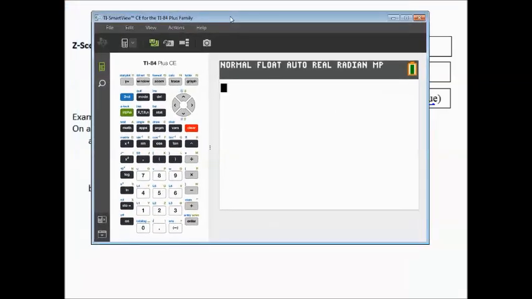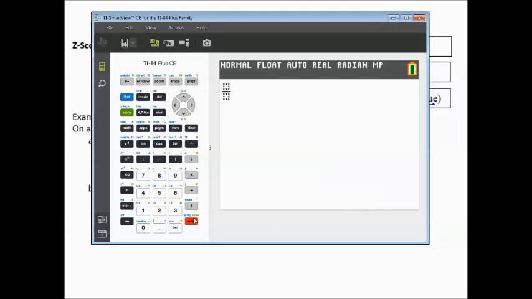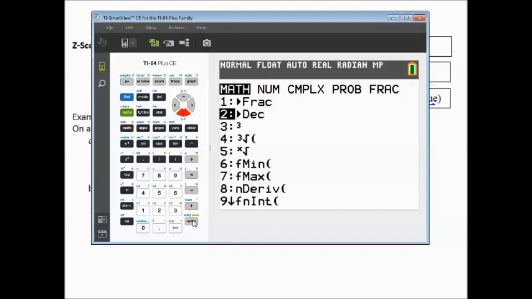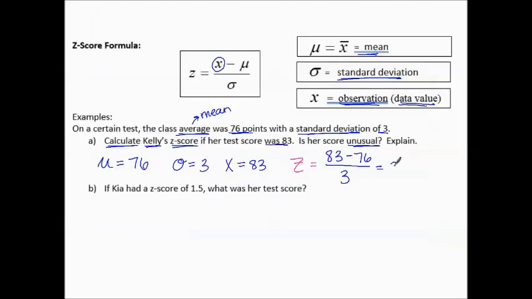When we type this into our calculator, we can use alpha, y equals, enter, and type in 83 minus 76 over 3. Hit enter. I don't really want a fraction, I want a decimal, so I'm going to hit math, go down to decimal, enter, and there we go, 2.3. Okay, so it's about equal to 2.3.